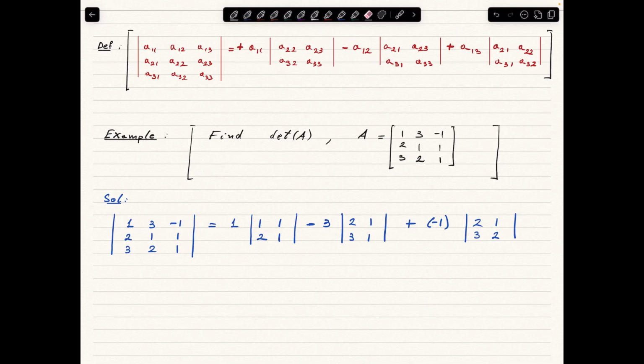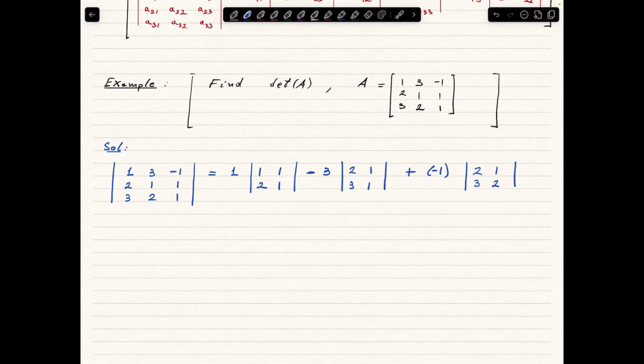It's not difficult, and now it's just a matter of computing the 2 by 2 determinants. So we still have the 1, we are not going to write it. And now we need to multiply these two coefficients minus these two, and so on for each matrix, and multiply by the corresponding number.